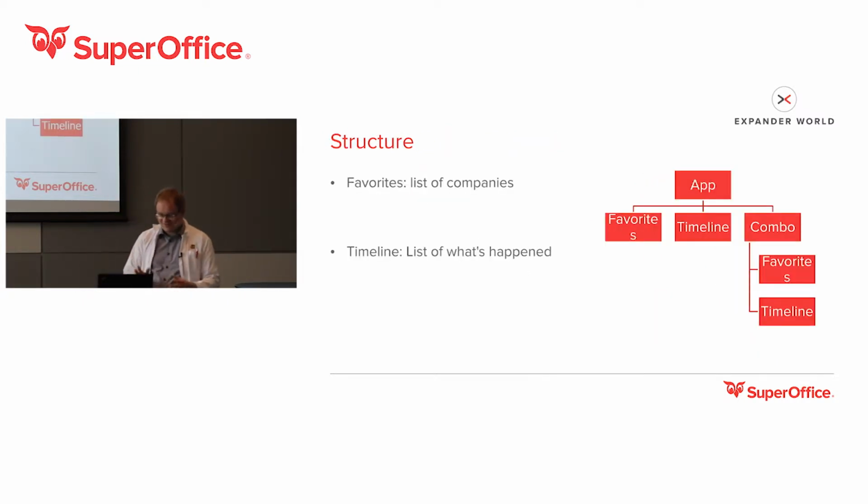So our little app structure is like this. We have a favorites component and a timeline component, and then there's a combo component that basically just shows the two side by side. Just showing off what we can do with components.